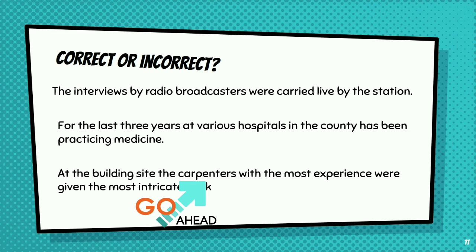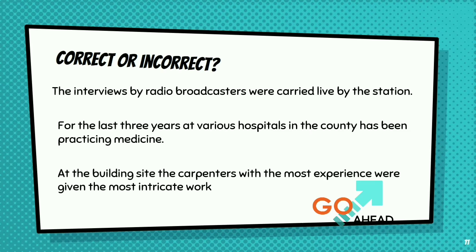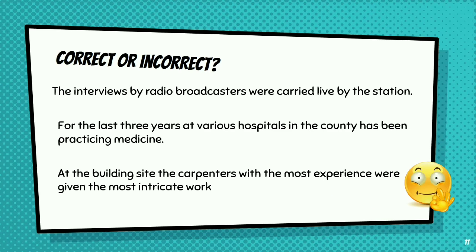The building is not the subject, but it is an object of preposition since it is put after the preposition at. And then, is there any verb? Yes, were given is the verb. Therefore, this sentence is correct. The subject is plural, carpenters, and the verb is also plural, namely were, so they are matched. So this sentence is correct.